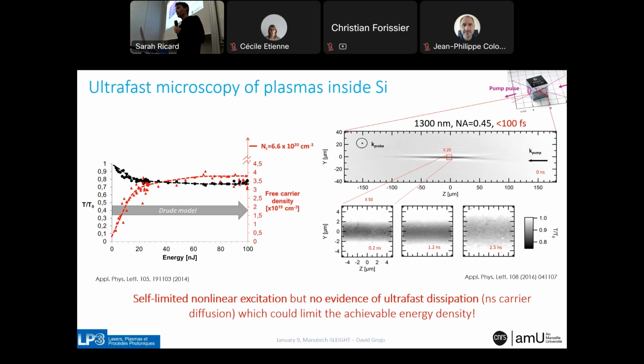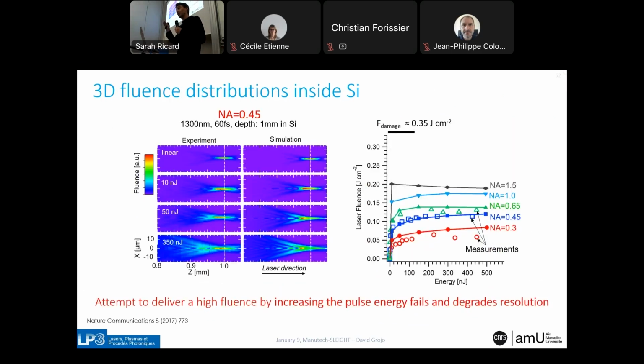So then the next step was to demonstrate that this limitation actually comes from an optical limit. For that, we did experiments and simulation looking at the intensity profile, the intensity delivered at the focus for different energy conditions.